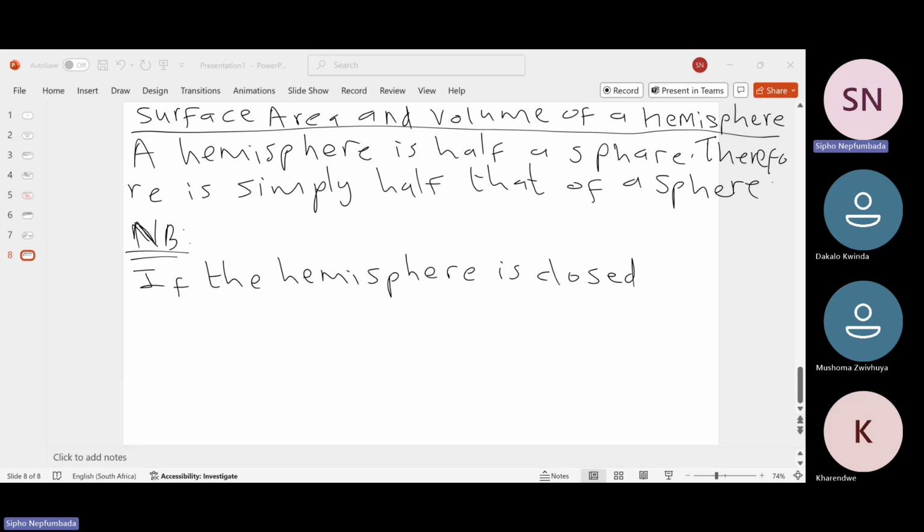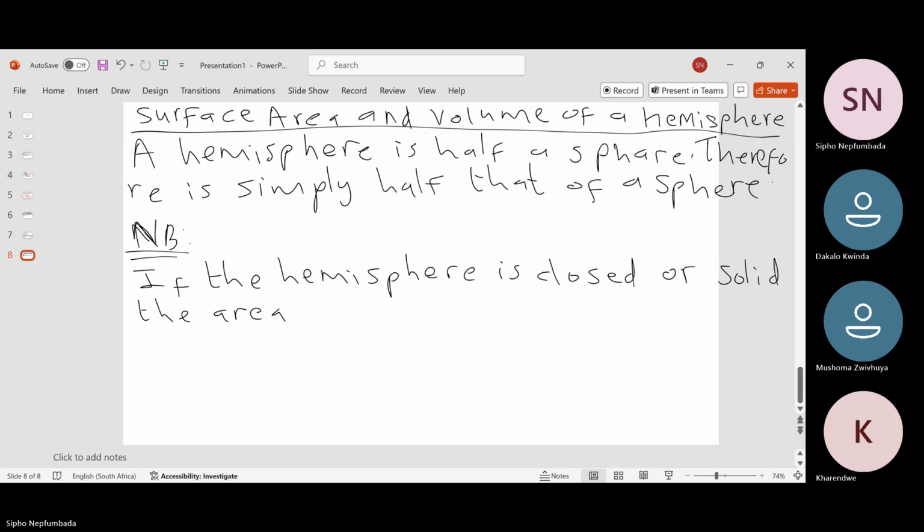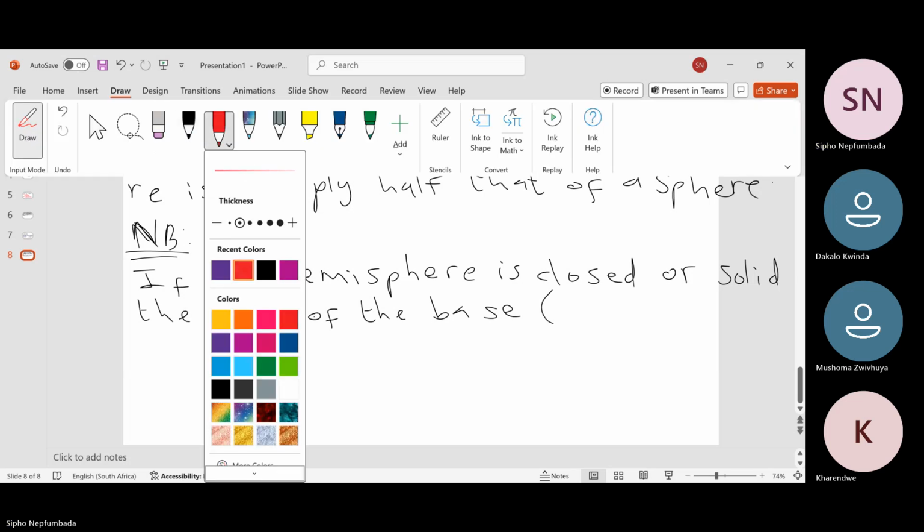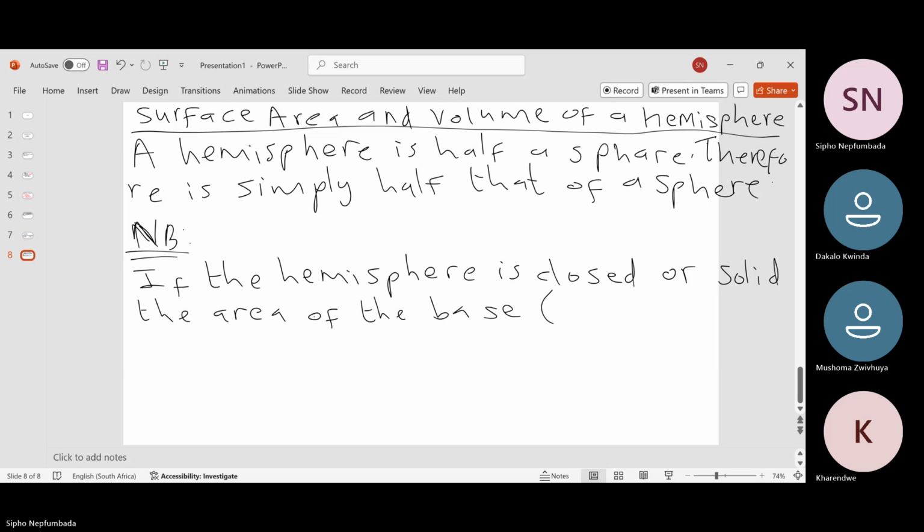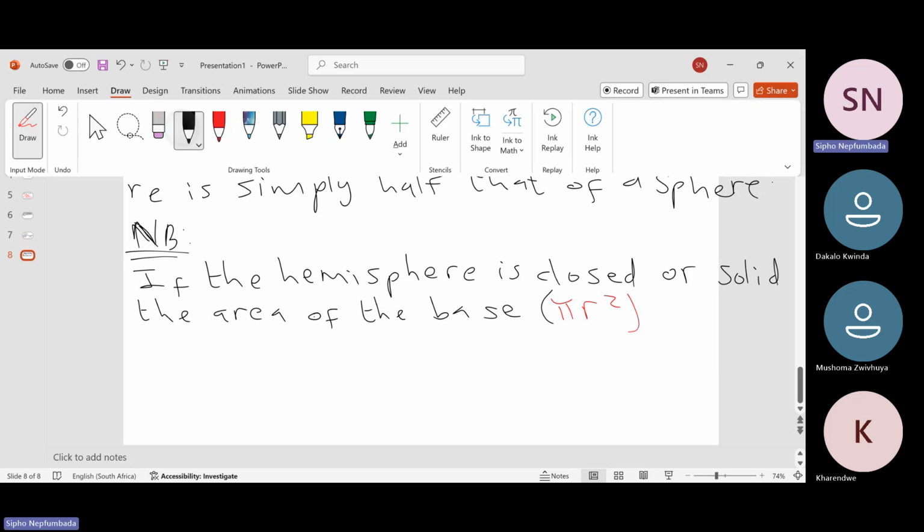If the hemisphere is closed or solid, the area of the base, which is nothing but pi r squared, has to be added.